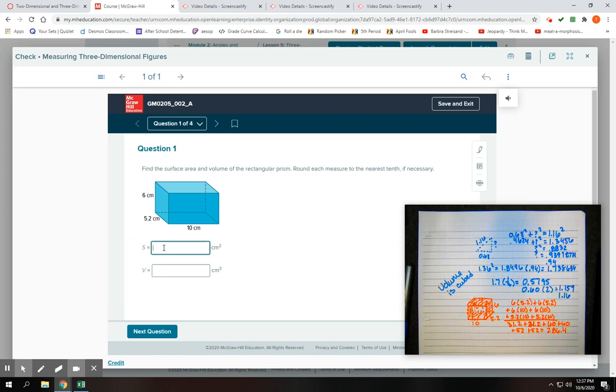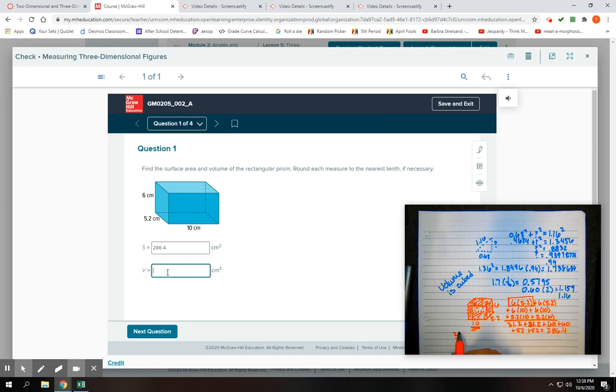That's all of the outside. 286.4. Now the volume, you find the area of one face and you multiply it by the height. So we're going to use one of these and multiply it by 10.